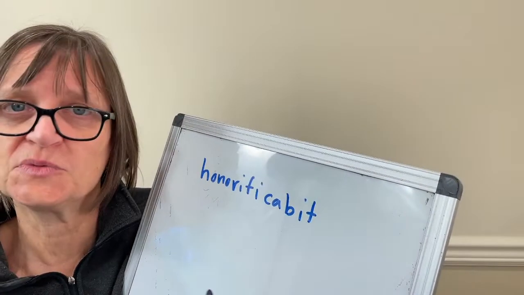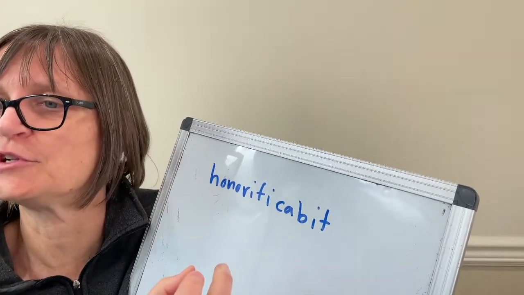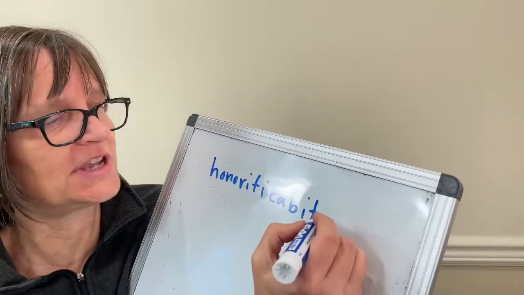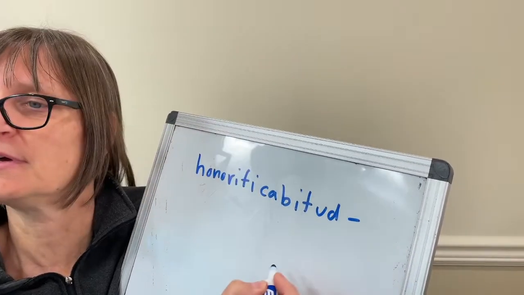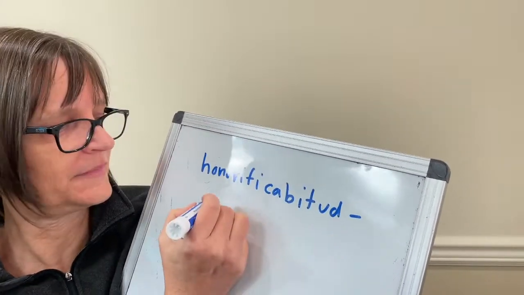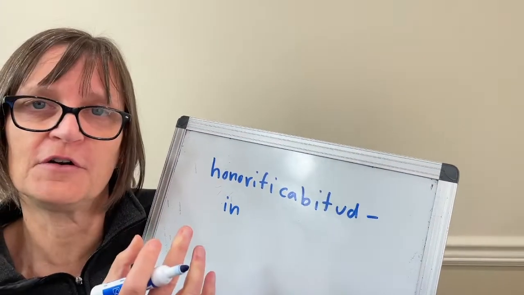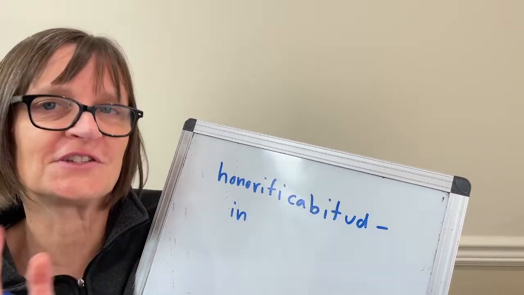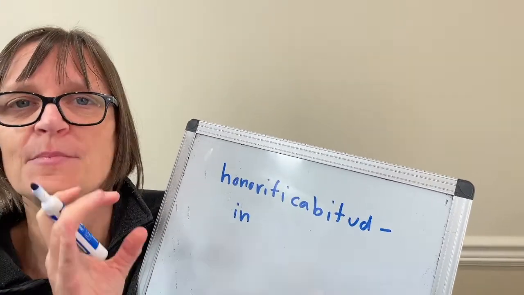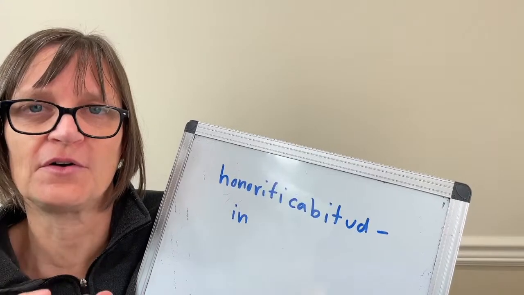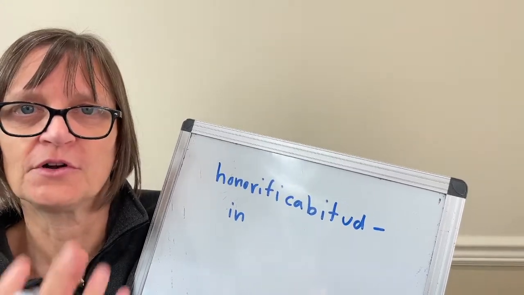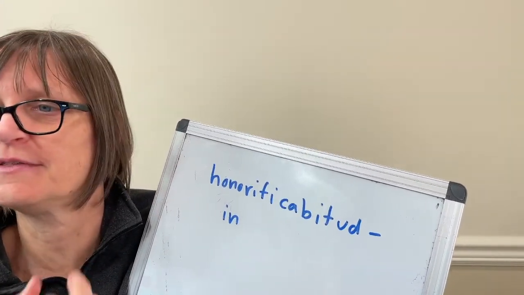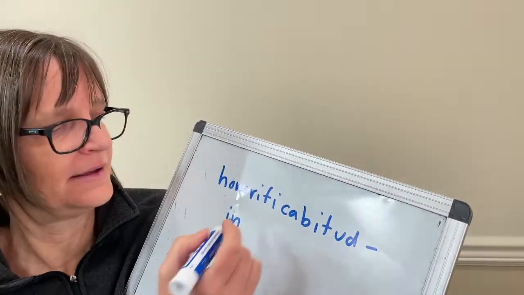What I'd like to do is break it down into its parts, into its syllables, and then you can make some educated guesses. I do have a video about supercalifragilisticexpialidocious, which is not a word that you necessarily have to say, but it teaches you how to attack longer words like that. And this would be another example of that.